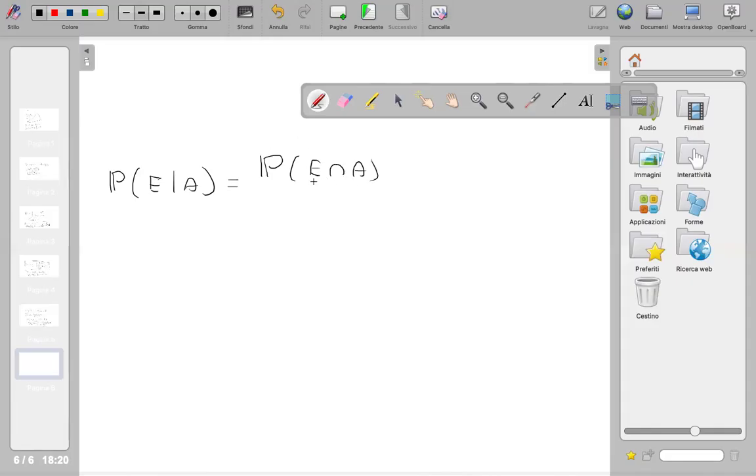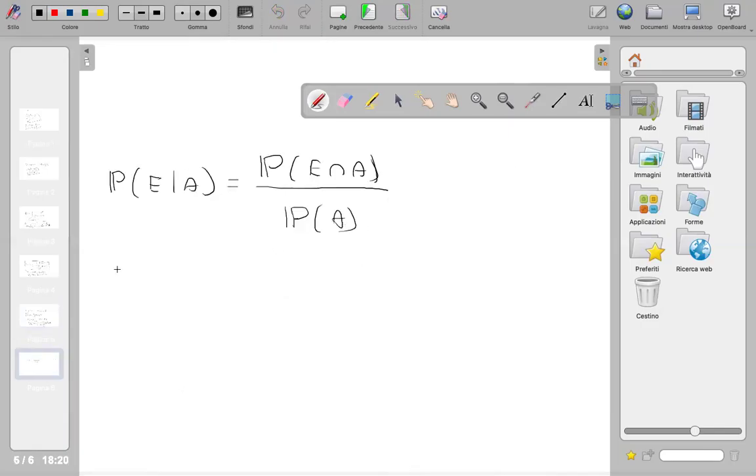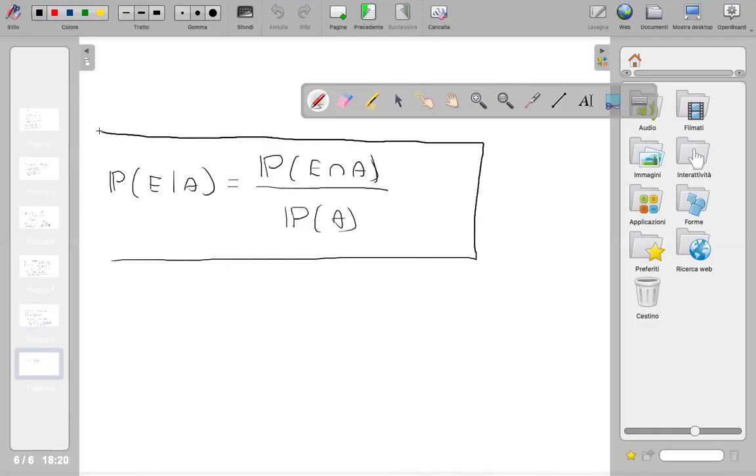Because we are summing only over those omegas which are in A and in E, and then divided by the probability of A. Why? Because if we come back, everything is divided by the probability of A. So at the end of the day, we obtain this expression, which is the one you find in textbooks.